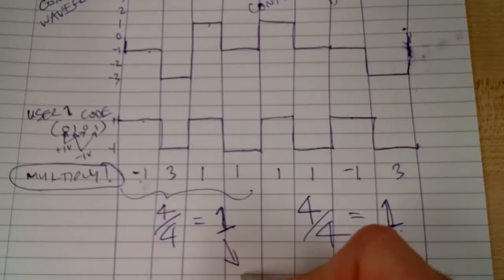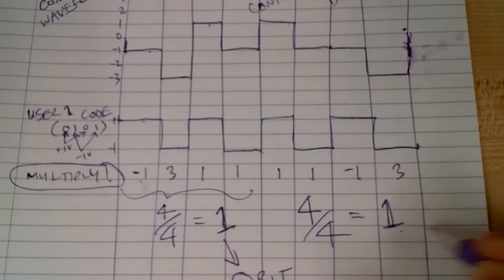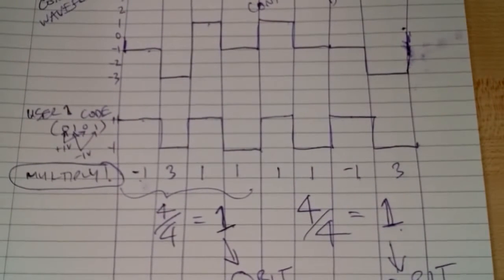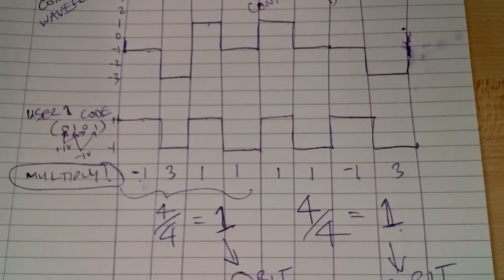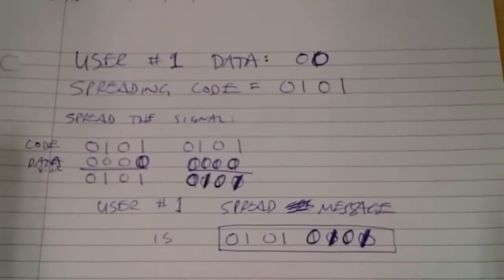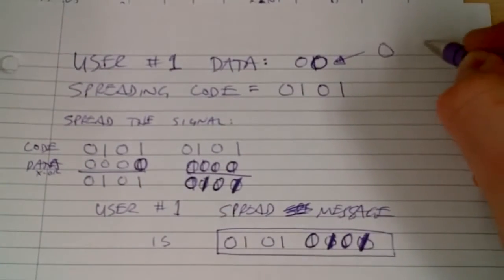+1 volt represents a 0 bit, and +1 represents a 0 bit, which, if I show you the original thing that we looked at, remember this? User 1's original data, 0 and 0.